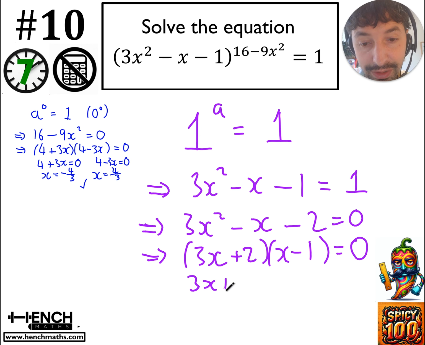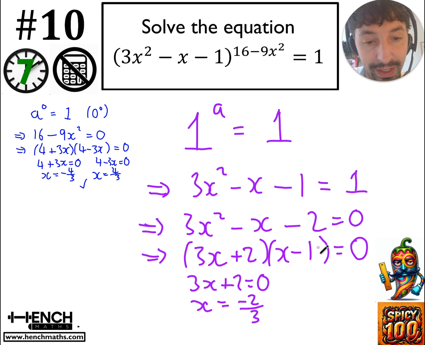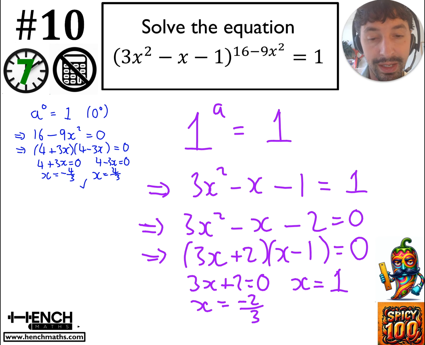So 3x plus 2 equals 0. So x equals negative 2 over 3. And then from this one we get x equals positive 1. So we've got two more solutions.